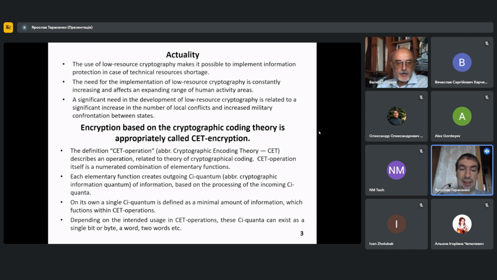A single sequantum is defined as the minimal amount of information which functions within such operations, and depending on the intended usage in set operations, this sequanta can exist as a single bit, a byte, a word, or two words, etc.